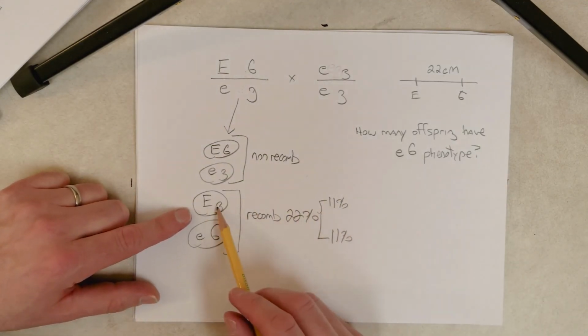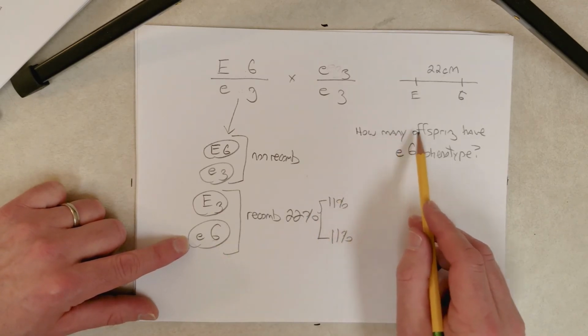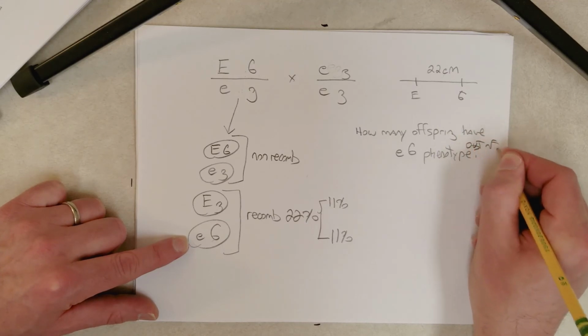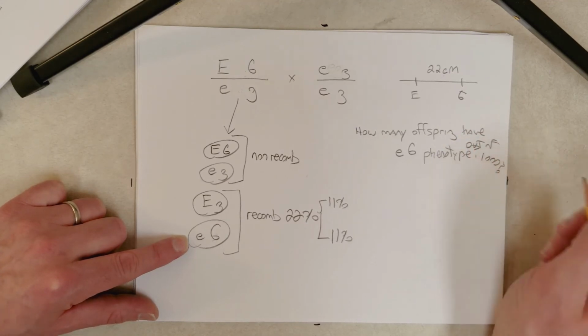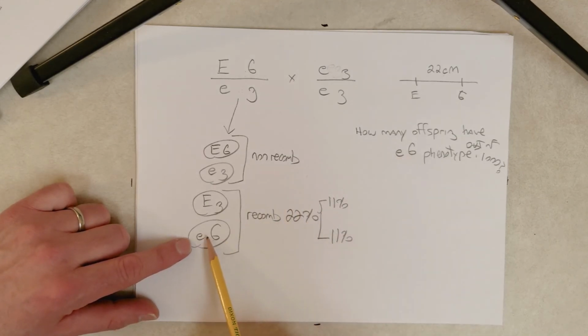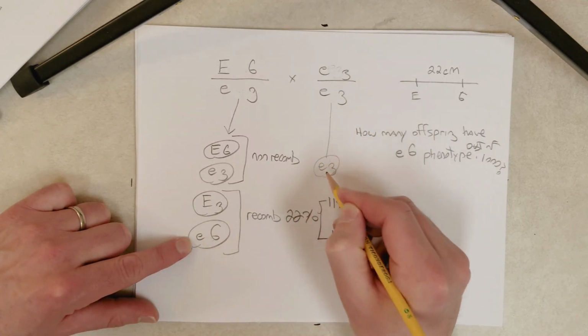And we're mostly interested in this one right here, because we wanted to know how many offspring have the small e, big G phenotype out of, let's say, 1,000. All of the offspring with the little e, big G phenotype must have come from this gamete right here. Why? Because this parent only donates little e, little g.